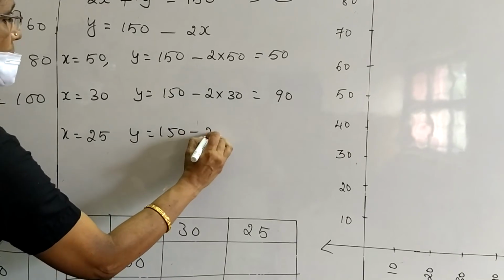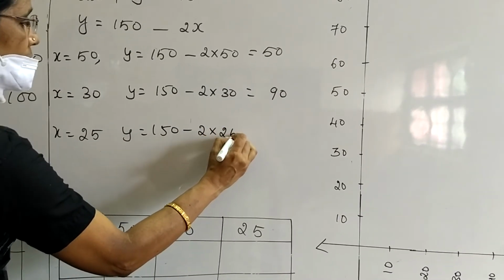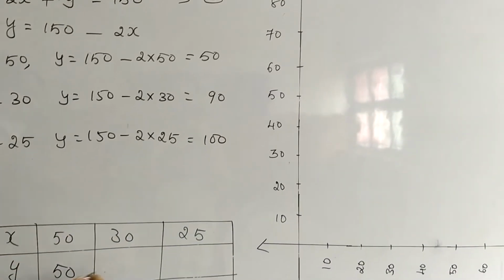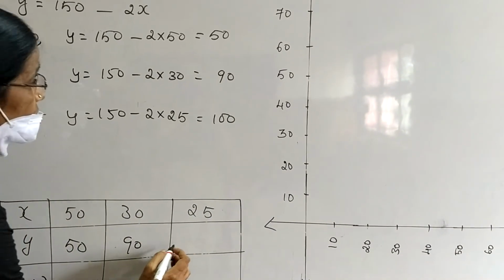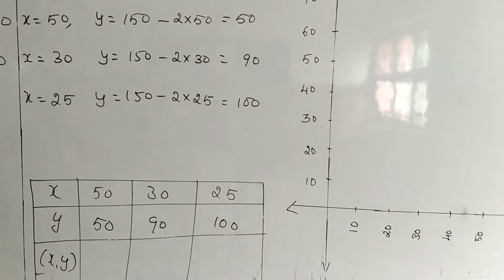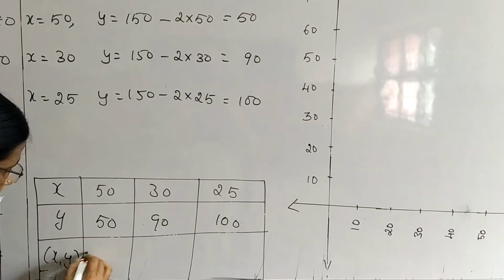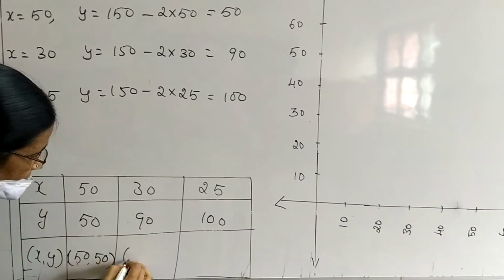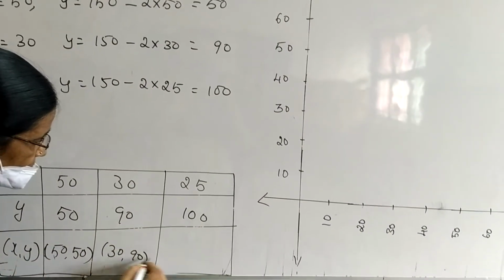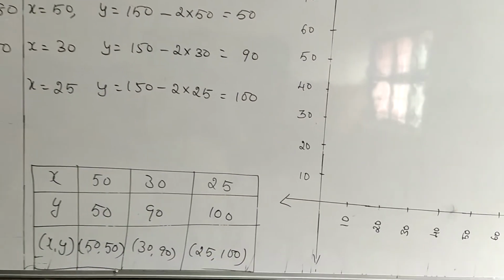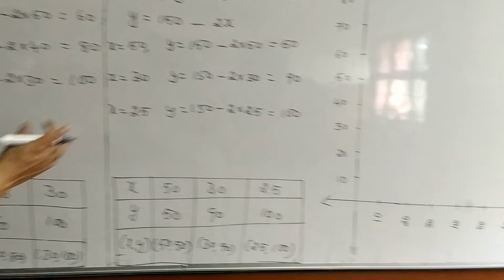It is 150 minus 2 into 25, 150 minus 50 becomes 100. Therefore, here I have to fill up 50, 90 and 100. Therefore, I write the ordered pairs (50, 50), (30, 90) and (25, 100).